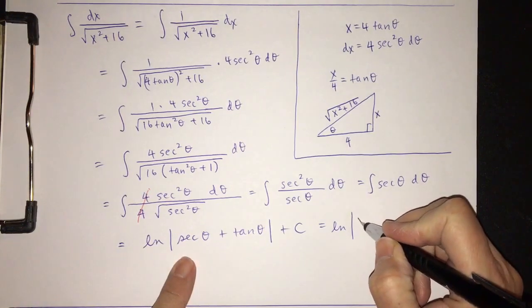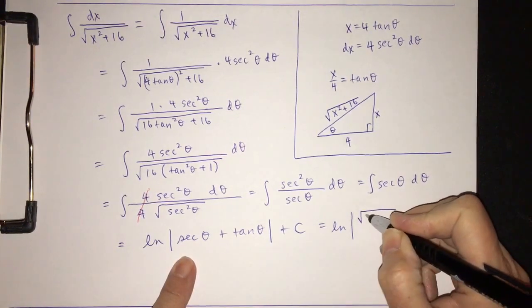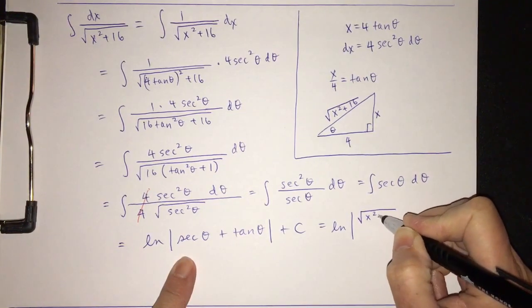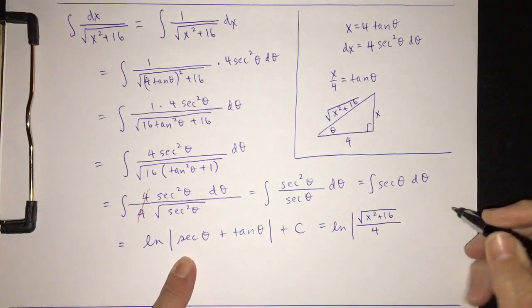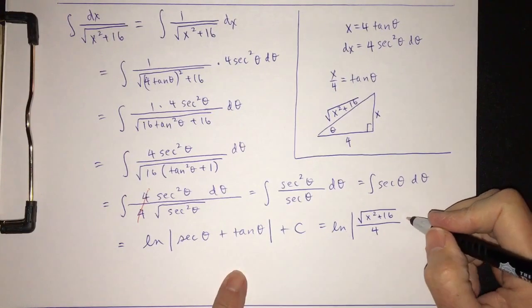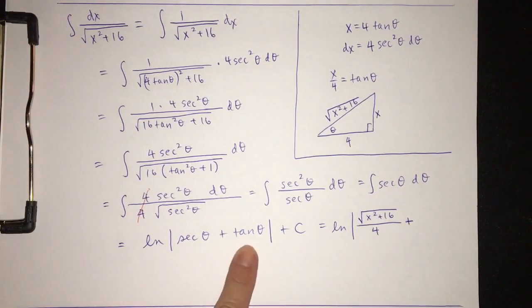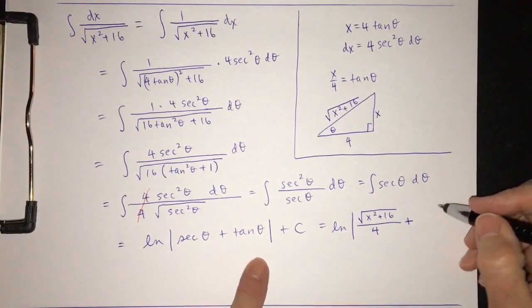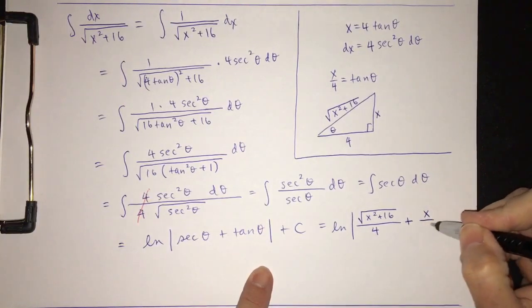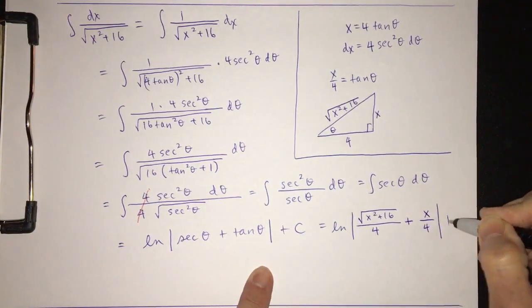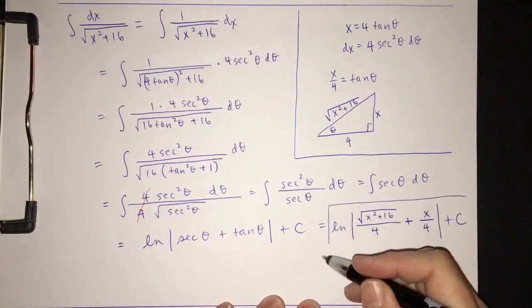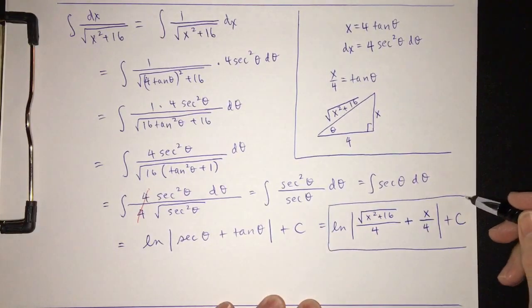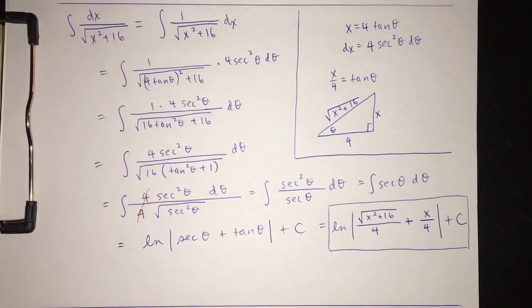So secant theta is hypotenuse, which would be the square root of x squared plus 16 over adjacent, and the adjacent is 4. And then plus tangent theta, which is opposite over adjacent, and plus c. So here is what I'm going to say is the final answer. I'm happy with that answer.